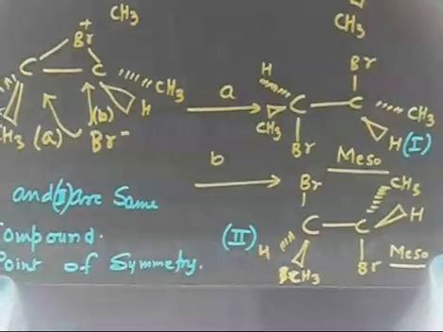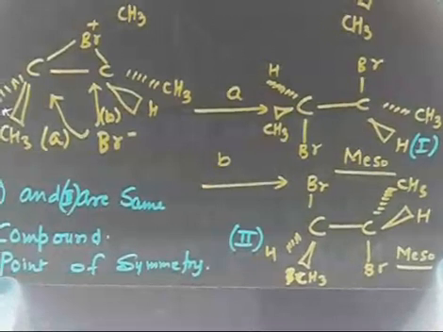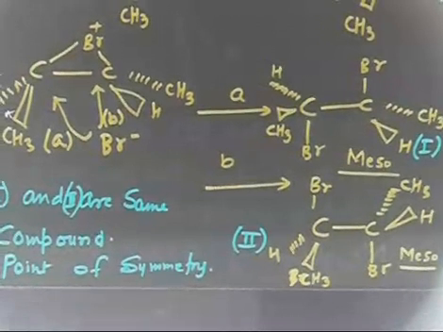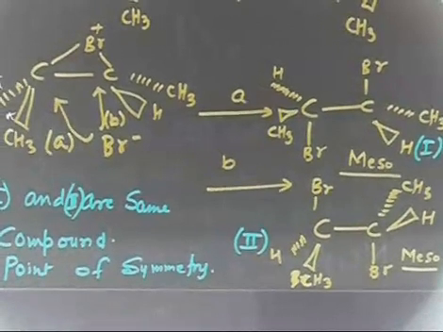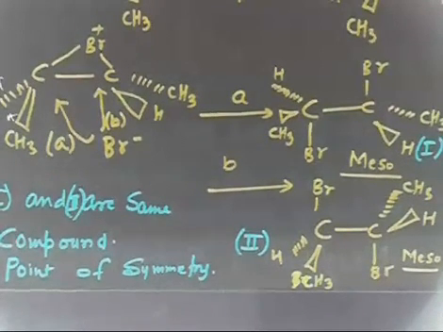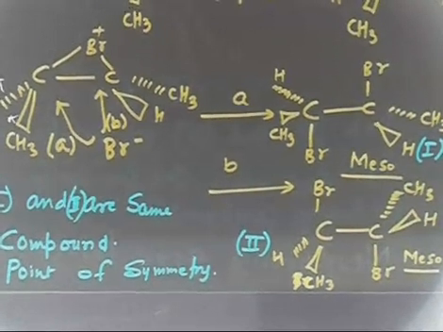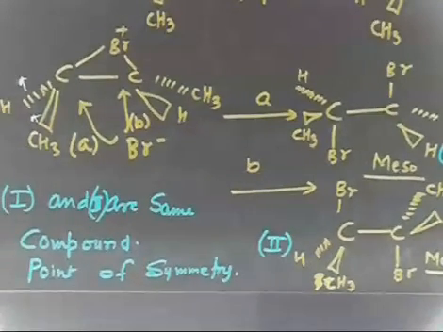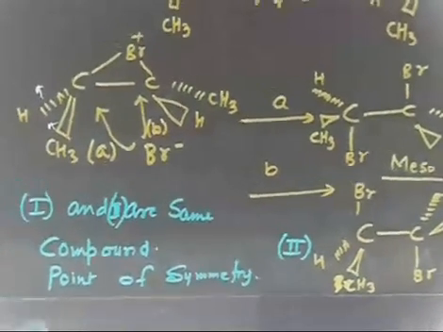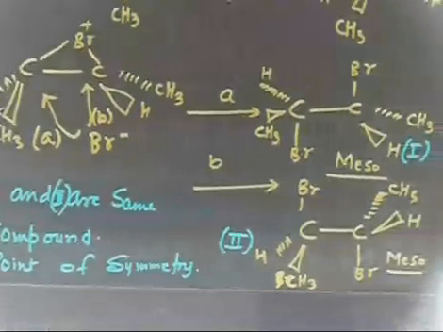So 1 and 2 are the same compound because of the point of symmetry. Are you getting it? 1 and 2 are the same compound because of the point of symmetry.